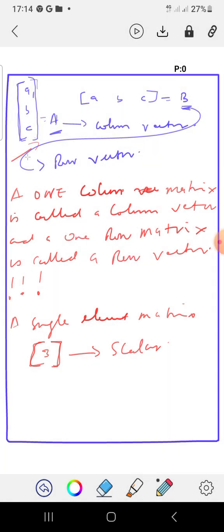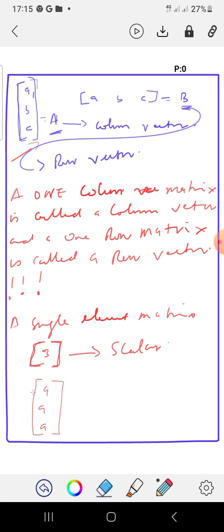All right, so we've talked about that. Now, how do we represent vectors? Let's say this is A. We know that it can be row 1, column 1, row 2, column 2.